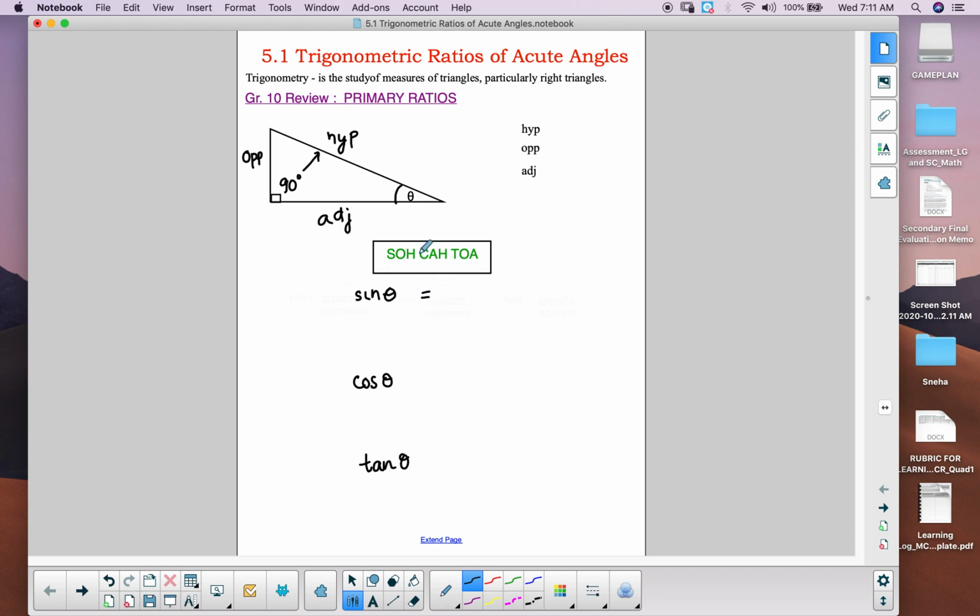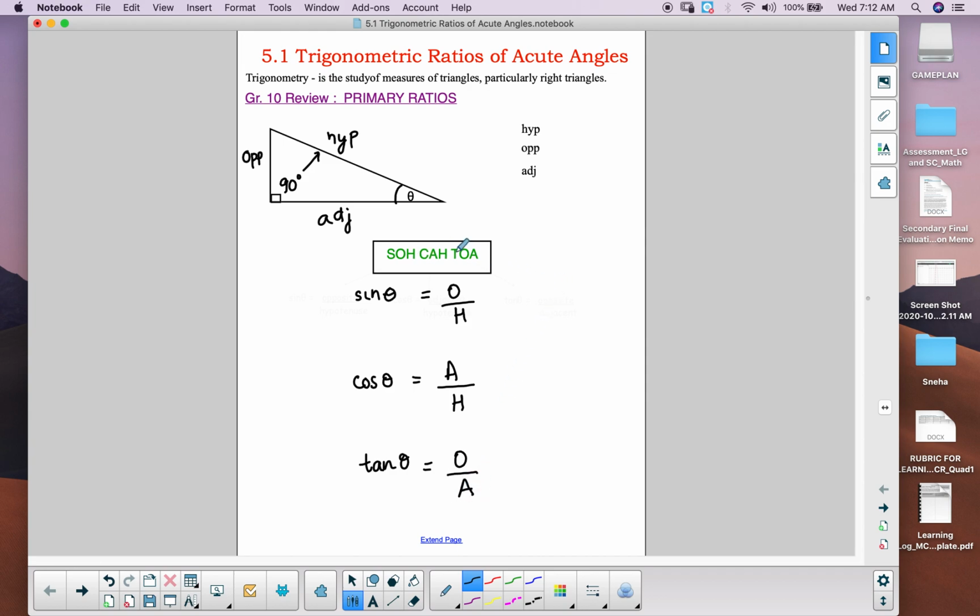The sine of angle theta is the ratio of the length of its opposite side to the length of the hypotenuse. The cosine ratio of angle theta is the ratio of the length of the adjacent side to the length of the hypotenuse. And the tan of angle theta is the ratio of the length of the opposite side to the adjacent side.